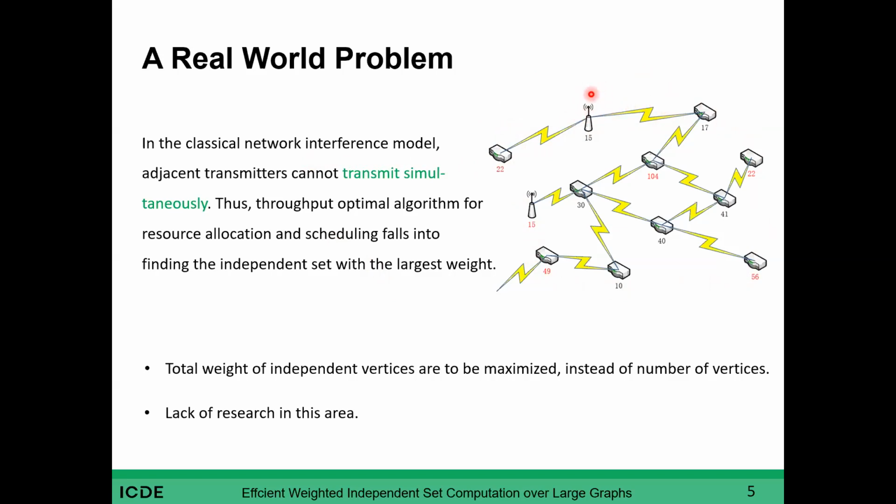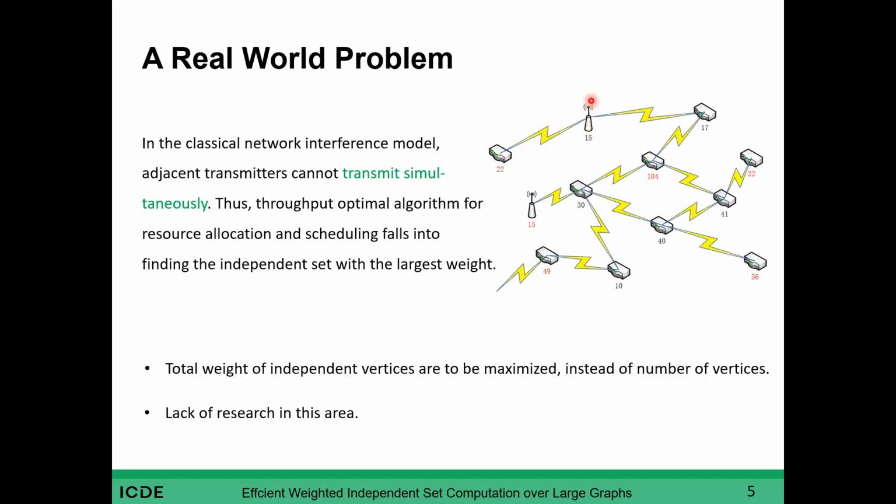If an efficient dispatch algorithm is wanted to maximize the total throughput of this network, with the transmitters as the nodes and the communication links as the edges, every vertex is assigned a weight according to its throughput.